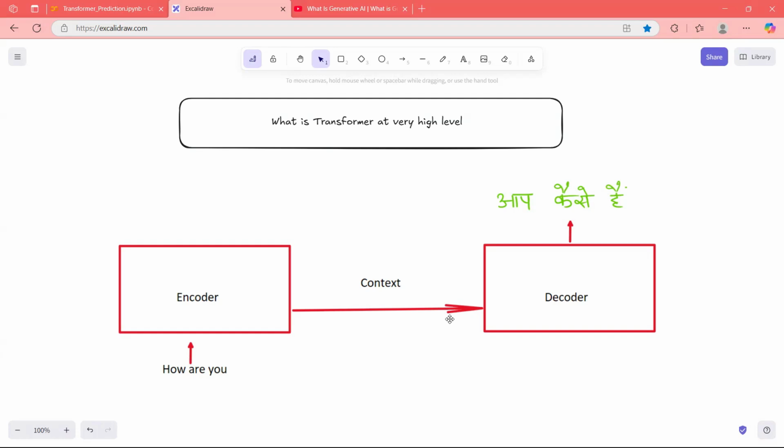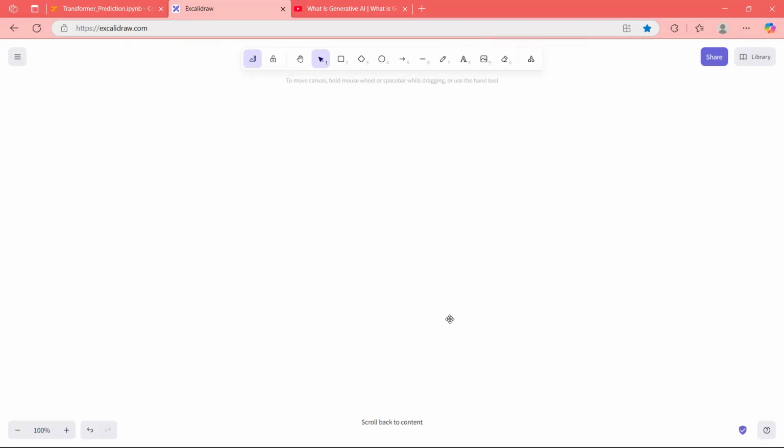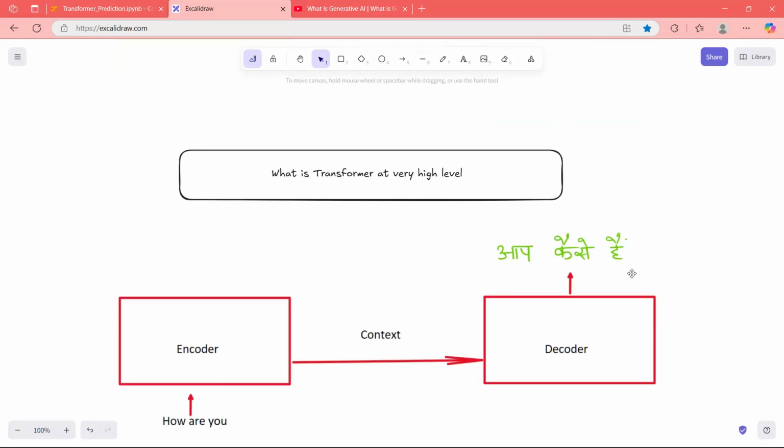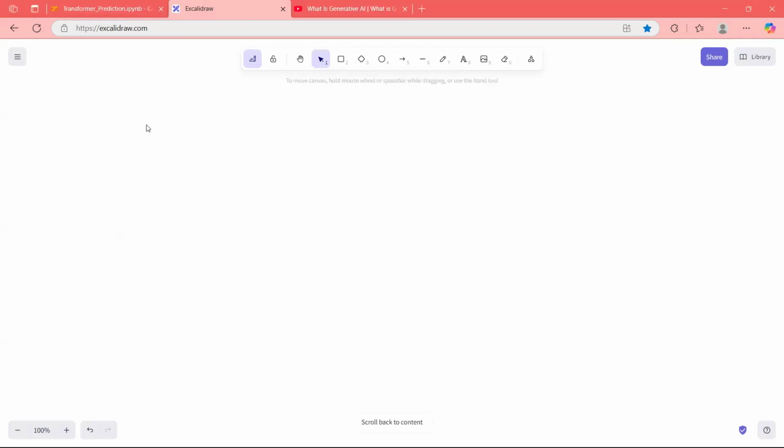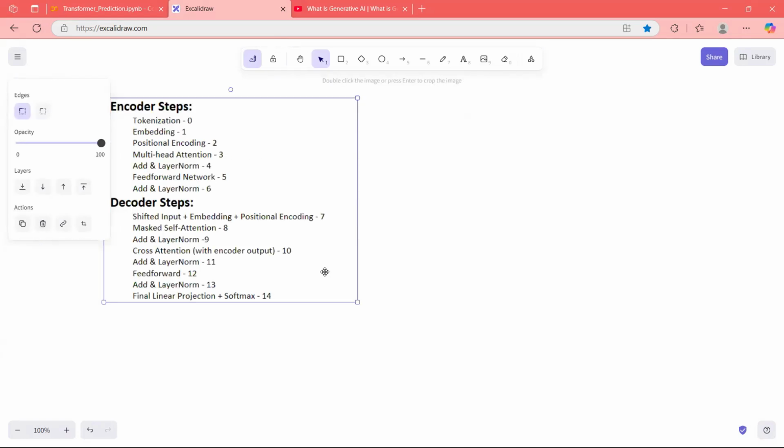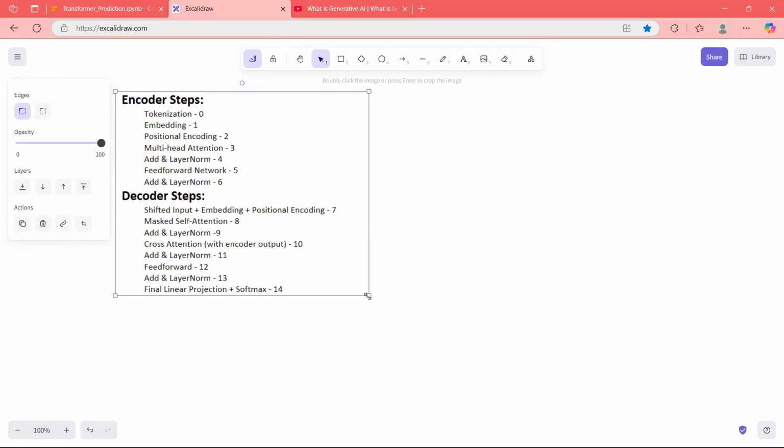So you need to break the elephant into pieces and understand piece by piece what happens in the encoder and what happens in the decoder. I have broken what happens in the encoder and the decoder into 14 steps. So these are my 14 steps.